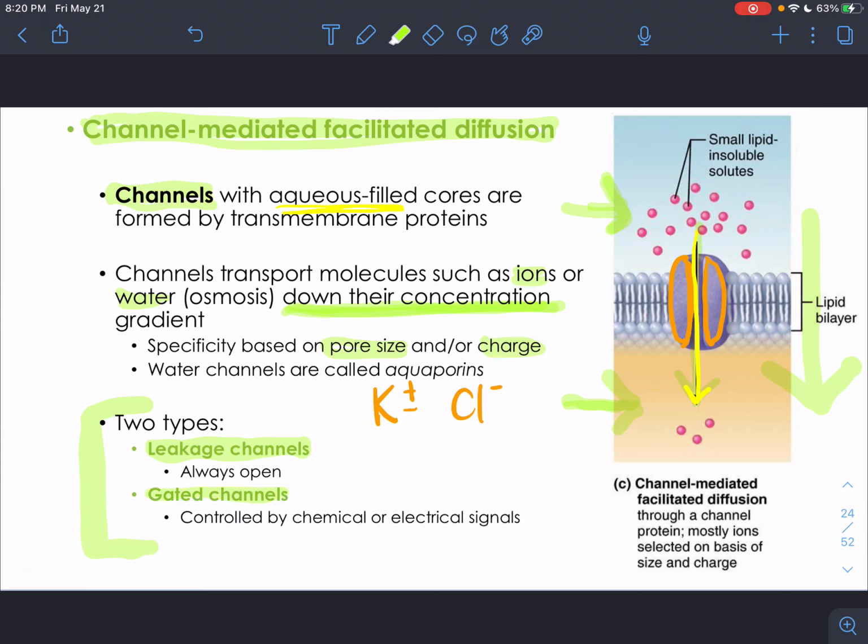Gated channels are still channels, so they have that pore in the middle that ions can go through, but they're required to have a chemical or electrical signal in order to open.